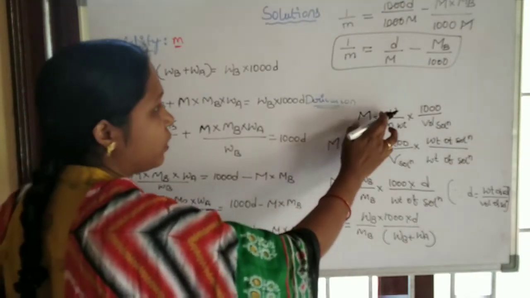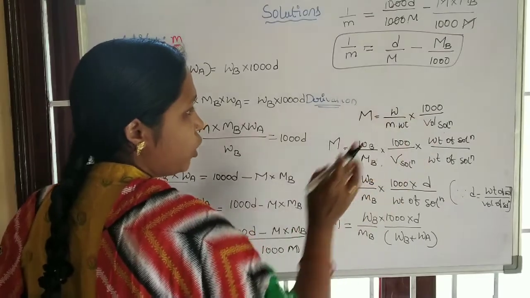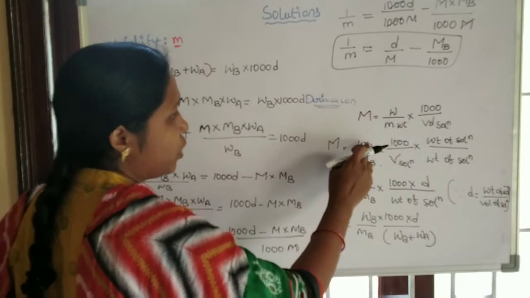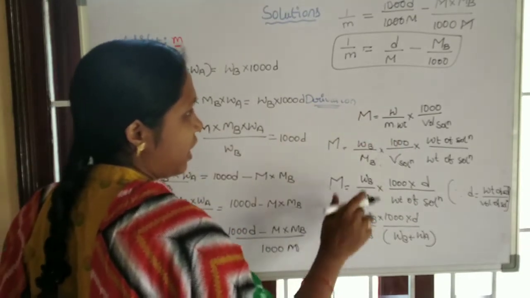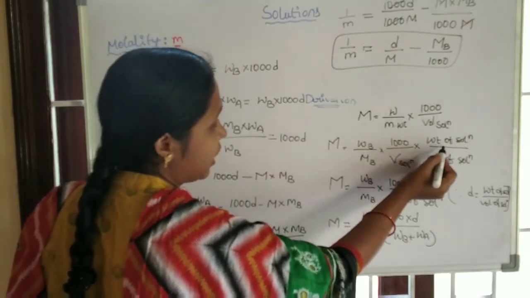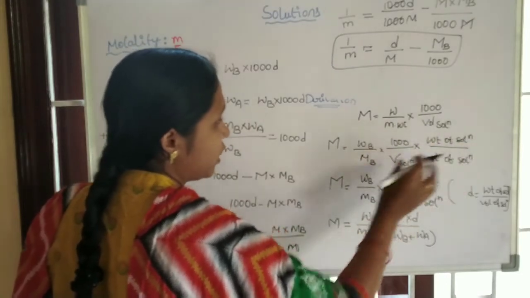Molarity equals weight by molecular weight of solute into 1000 by volume of solution. So I am taking a solute weight and molecular weight B, and solvent is A. The RHS of the equation is multiplied and divided with the weight of solution.